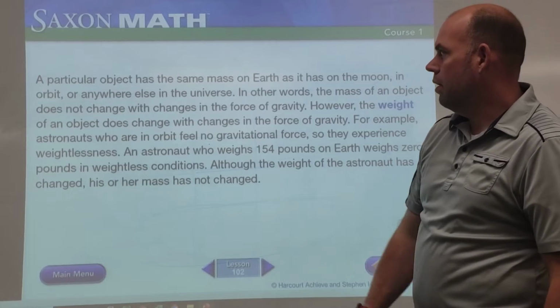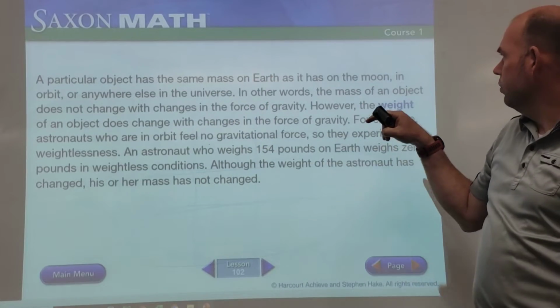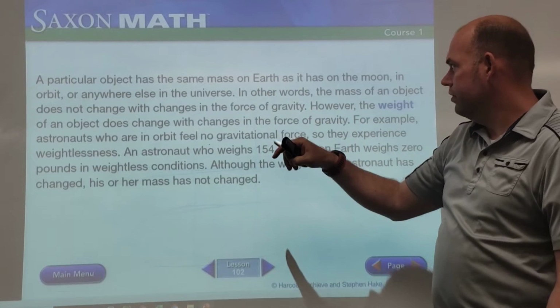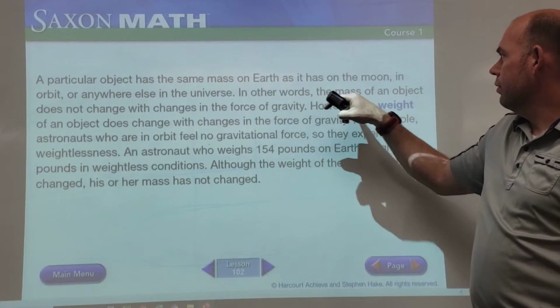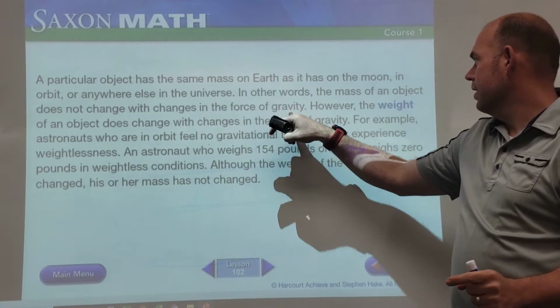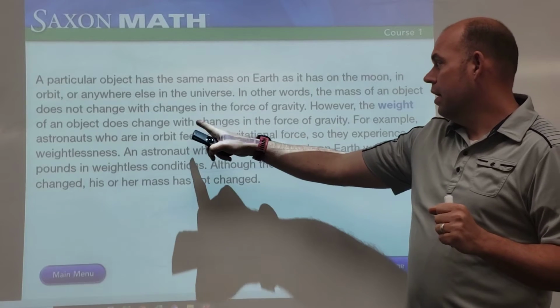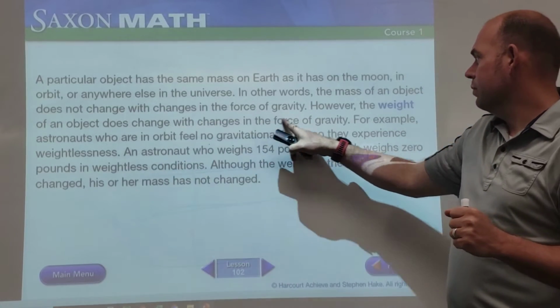A particular object has the same mass on Earth as it has on the moon, in orbit, or anywhere else in the universe. The mass of an object doesn't change with changes of force and gravity. But what can change is the weight, which changes with the force of gravity.